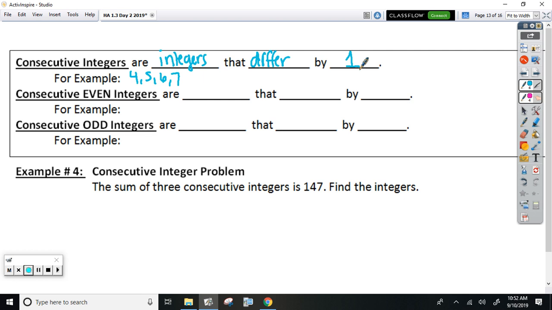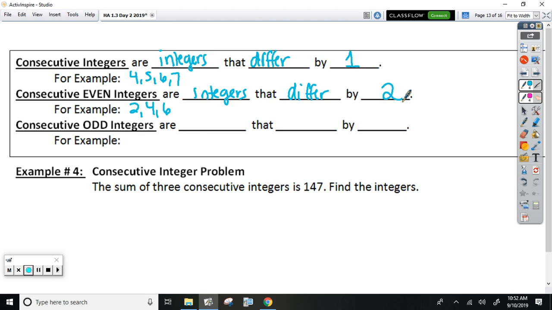Now, consecutive even integers like 2, 4, 6, those would be integers that differ by how many? 2. 2 plus 2 is 4, 4 plus 2 is 6, 6 plus 2 is 8. So the starting number is even, and you add 2 to find the other terms.